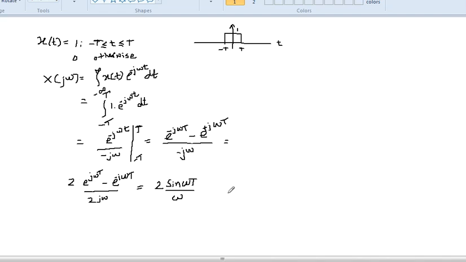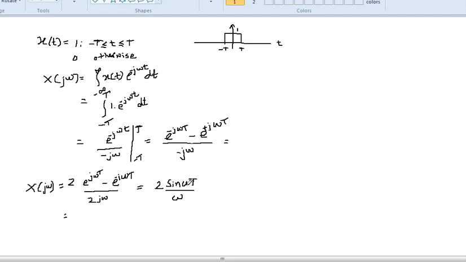Now in these kinds of problems, X of j omega is given in this way. After calculating this Fourier representation, the magnitude and phase plots have to be drawn, and for that we need the different values of omega.